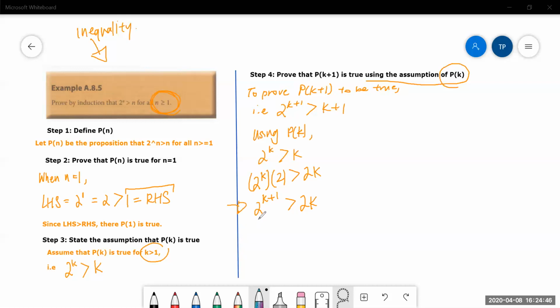So from here, 2k is basically k plus k, right? And since we know that k is greater than 1, k plus k will be greater than k plus 1.